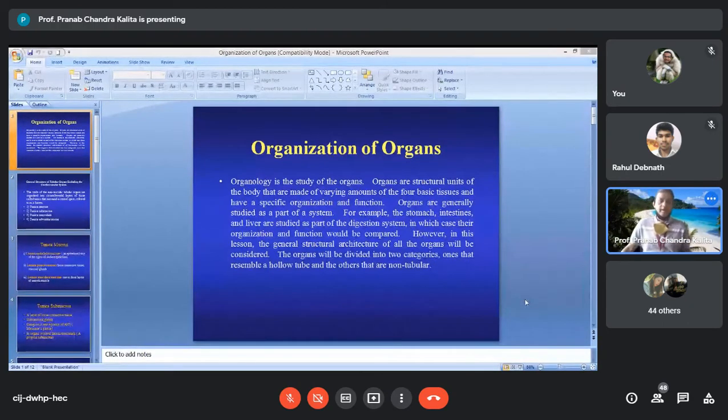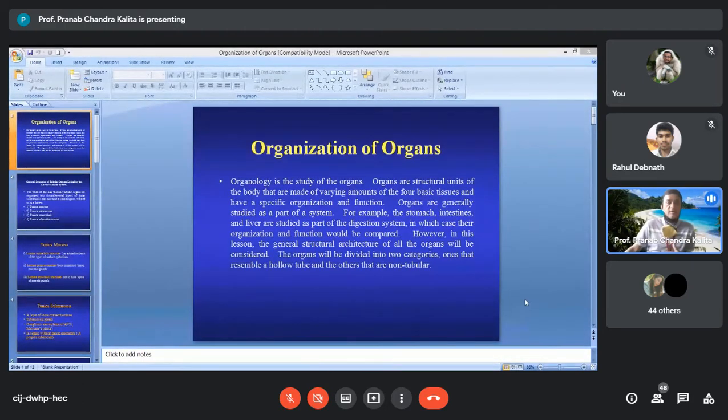But now, while we shift to systemic histology, our first point of interest is the organization of organs. How the organs in the different systems are organized.